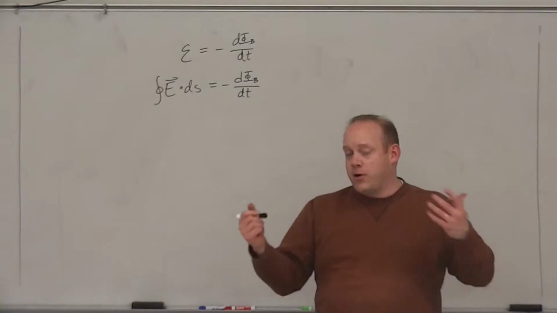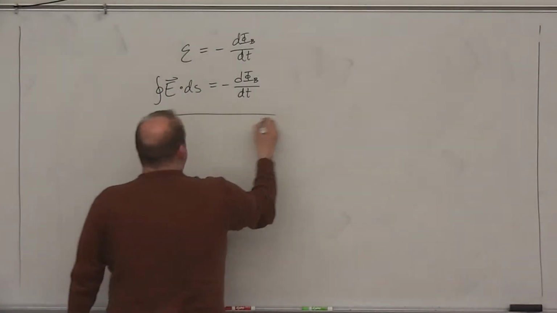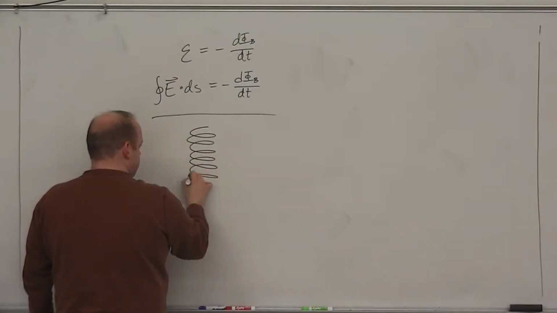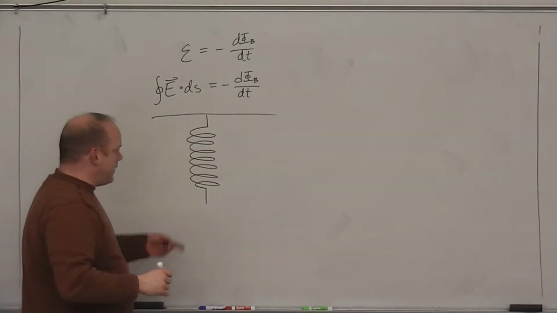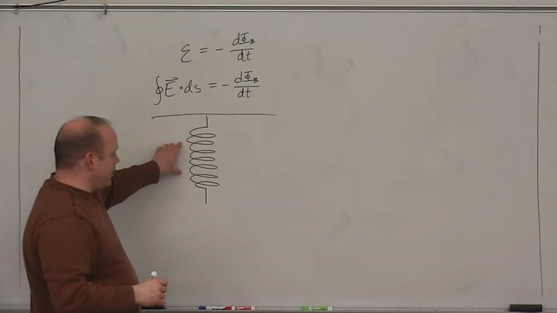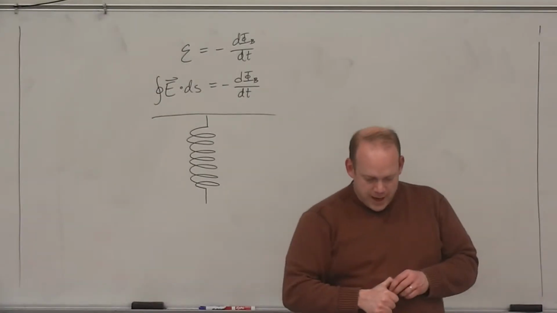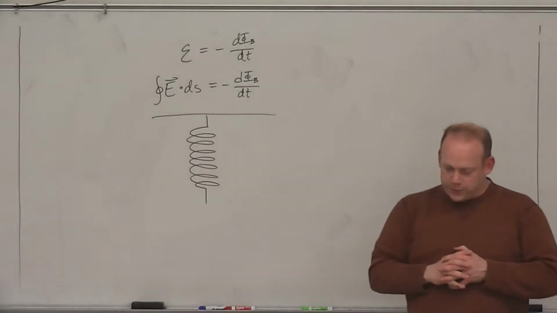If we take a coil of wire and spin it around here, and especially if I put something in here to hold those coils in place, that is a solenoid. Now, we're going to talk about the inductance of a solenoid.